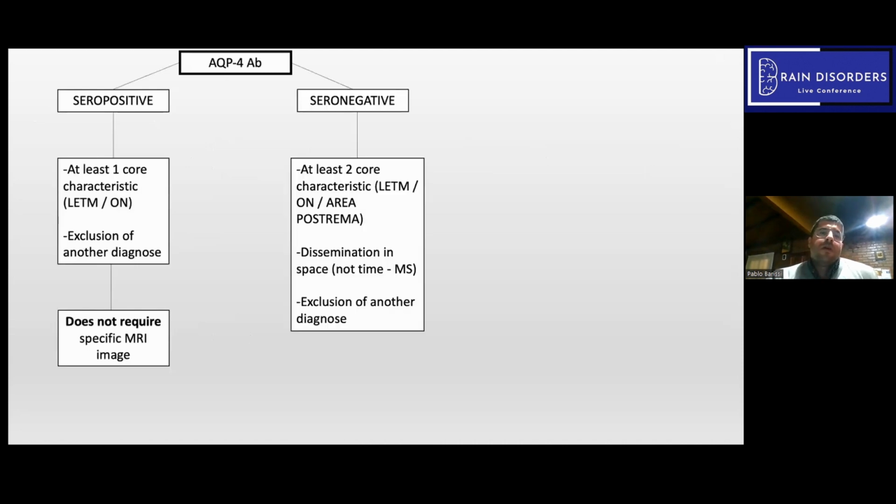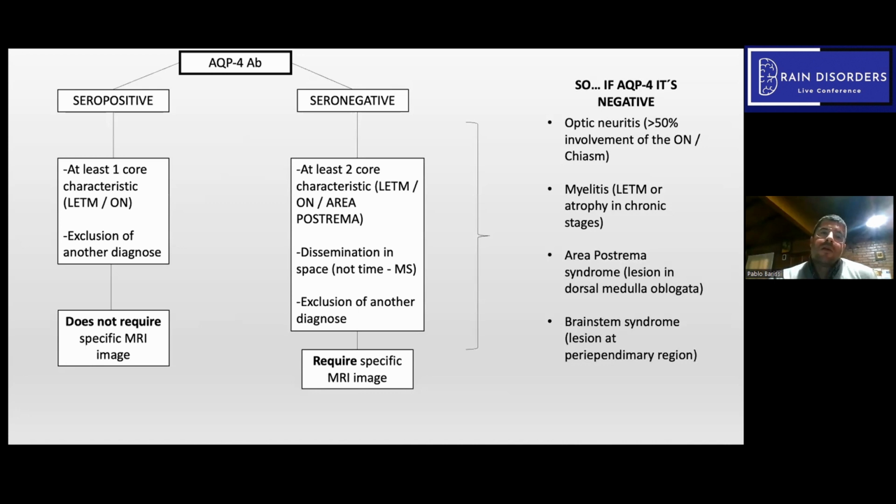So, if we have the aquaporin-4 antibodies positive, we have a seropositive disease, and at least one core characteristic like transverse myelitis and optic neuritis. We have to exclude another diagnosis, and it does not require specific MRI images.